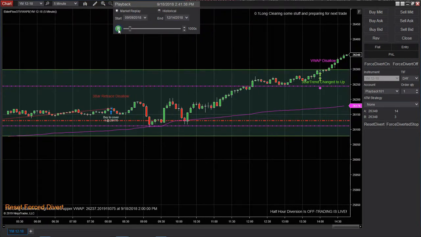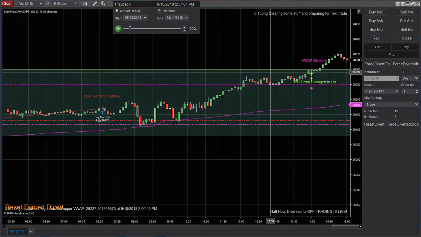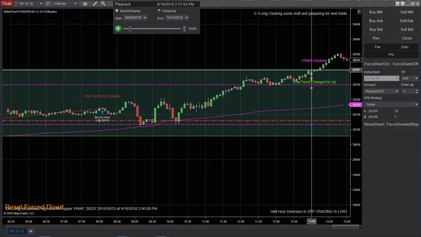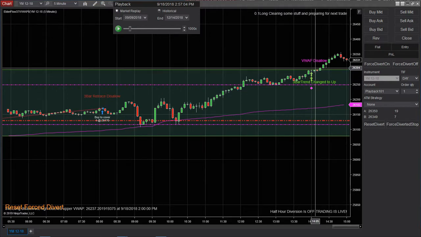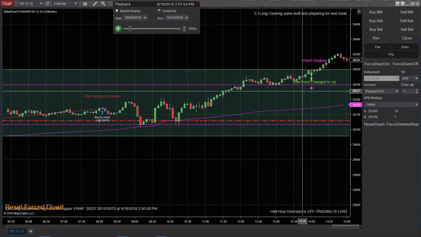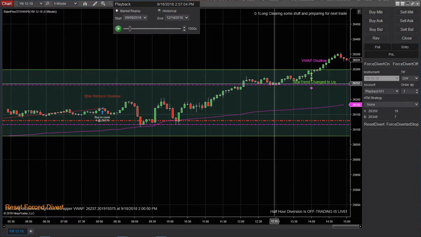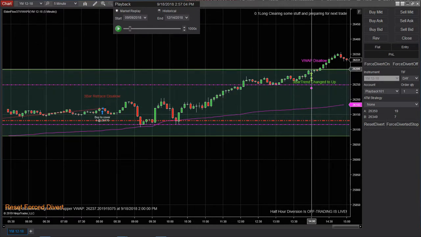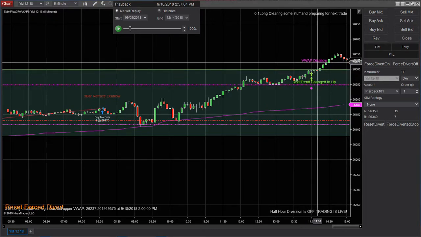And anytime you get a change in trend direction, it will allow trades to commence in that direction. However, in this case, it went up so much that it actually at that same time was above the upper limit on the VWAP, that it made a VWAP disallow.